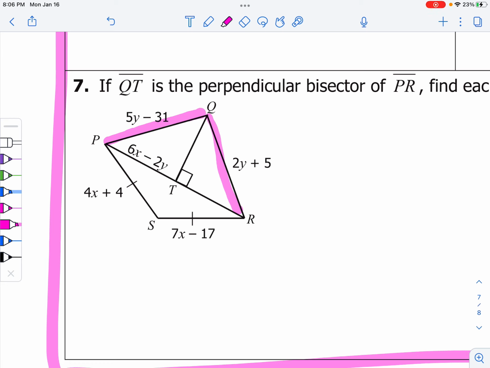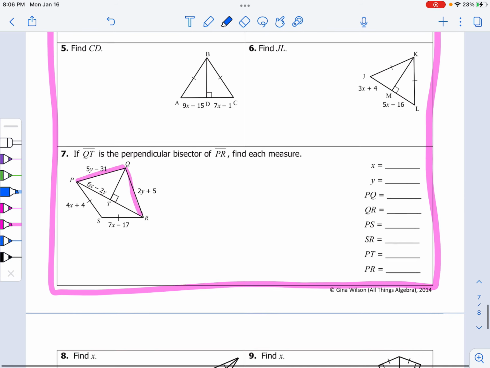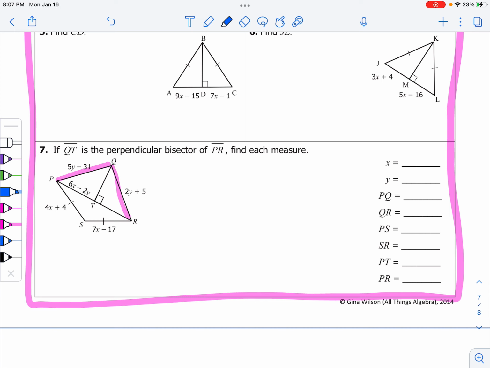I'm also going to give you the hint that PS, we can see it because they marked it, is equal to SR. Your pink stuff will help you find Y. Your blue stuff will help you find X. And I want you to do PT last.